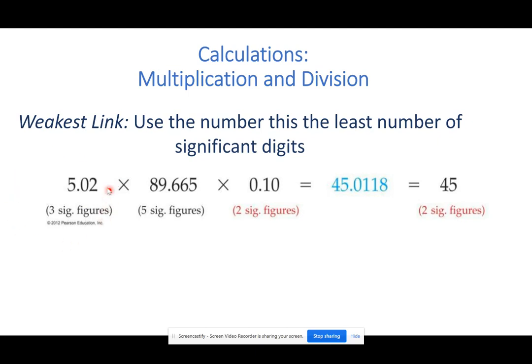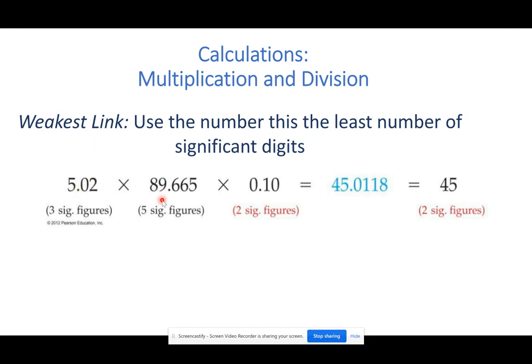And we're multiplying 5.02 times 89.665 times 0.10. Our calculators, when we type those three numbers in, our not so smart calculators don't consider significant figures. So they just spit out a number and they don't even consider what instrument was used to find those numbers. So we as scientists have to do that thinking.